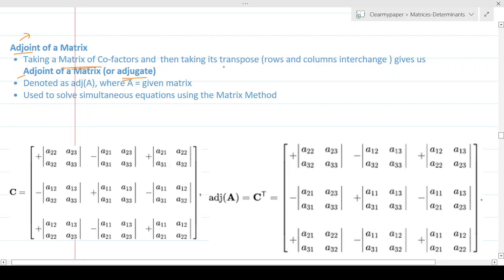We have done earlier in the episode, interchanging rows and columns, or swapping rows and columns, is nothing but transpose. So again, you take the matrix of cofactors and then you take the transpose, and whatever you get, that is nothing but the adjoint of a matrix, and it is denoted by ADJ. It's abbreviated as ADJ within brackets A, where A is the matrix for which you're taking the adjoint.